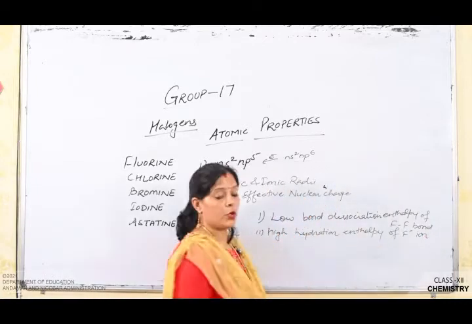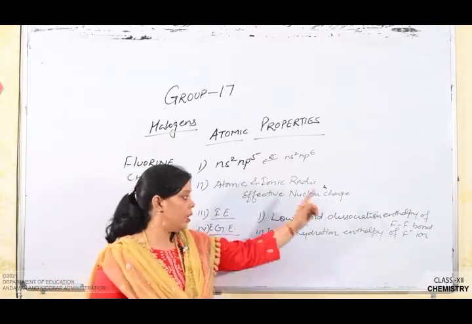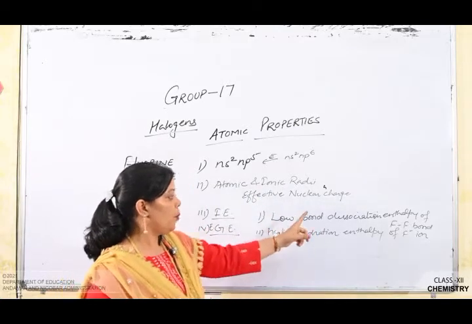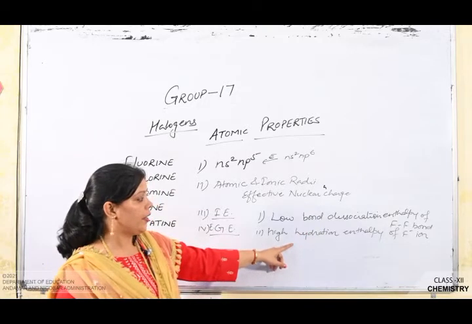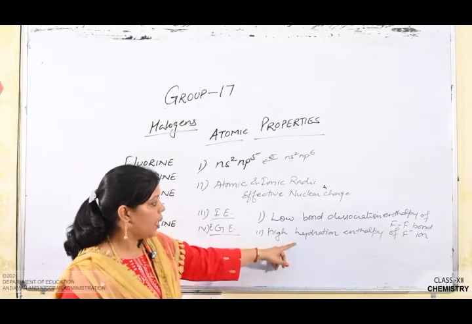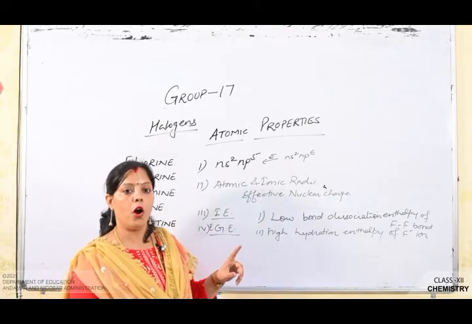Okay children, so fluorine is a stronger oxidizing agent than chlorine. The first reason is the low bond dissociation enthalpy of the F-F bond. Second is the high hydration enthalpy of the F negative ion, and this is the important reason why fluorine acts as a strong oxidizing agent.